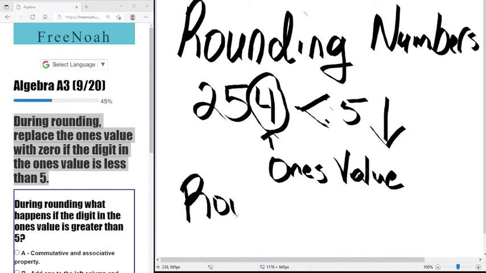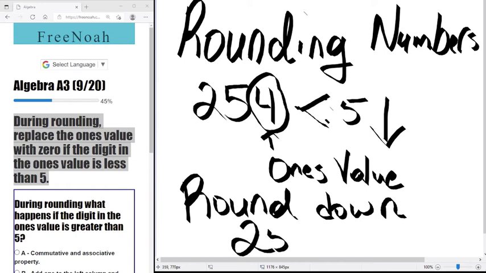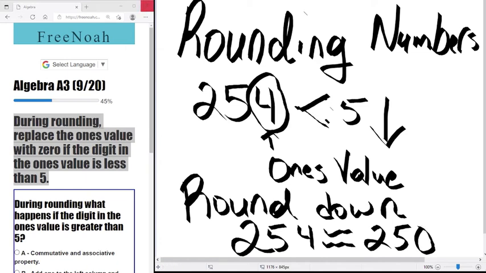We just replace this 4 with a 0, and that concludes all 3 steps. So 254 rounds down to 250.